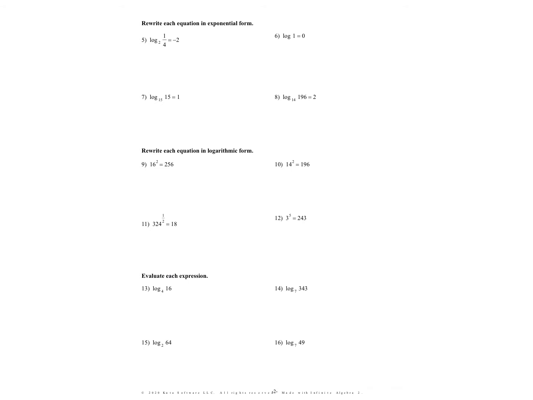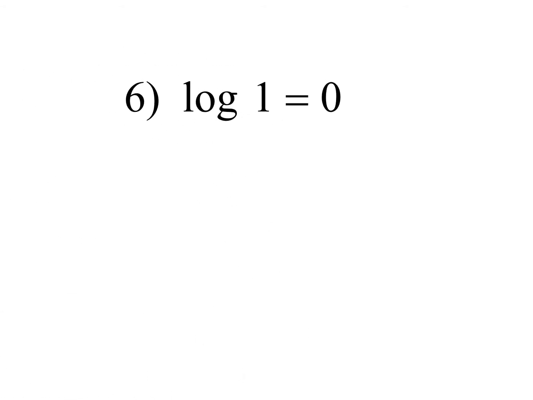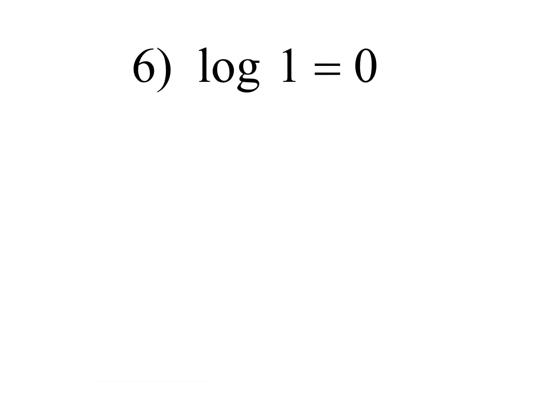All right, so we're doing the even ones. Let's take a look at number 6. So we are putting this into exponential form. This one's a little bit tricky because it doesn't give us our base here. What's our base when it's not written? 10. So when we put this into exponential form, we always start with the base. What would our exponent be?